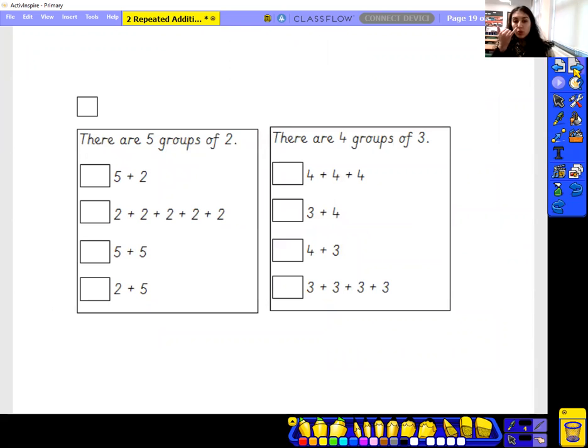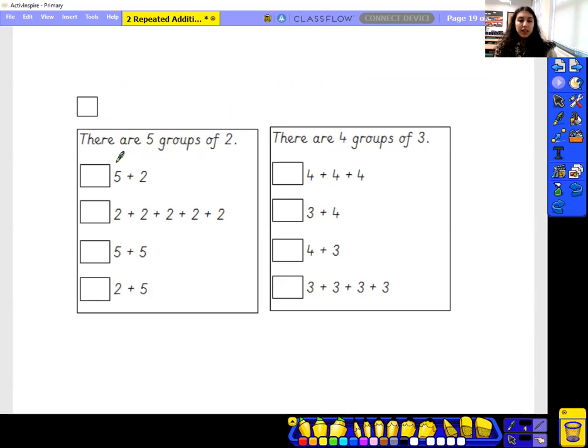And then we've got our square sheet. So for the square sheet, we've got a statement. There are 5 groups of 2. So remember, if I've got 5 groups of 2, that would mean I've got 2 and 2 and 2 and 2 and 2. So we've got to think which representation, which repeated addition shows us that there are 5 groups of 2. And I just want you to think that we're learning about repeated addition today. So that means that the numbers in your addition are repeated.